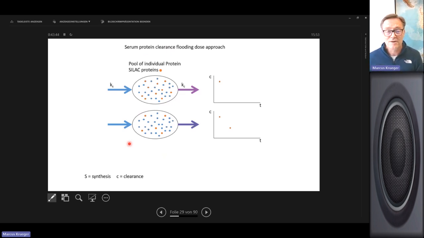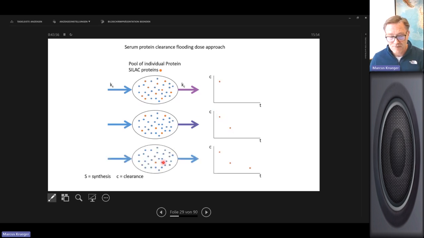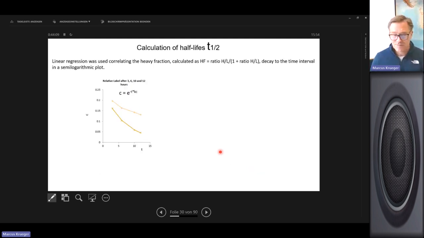So what we then see is that we have a pool, a spike in bolus of these orange peaks here, and then over time we see one concentration, and then we measure a decay. This clearance looks like a radioactive decay, right? So this is basically the exponential decay of those proteins which are spiked into the blood, and that's what we measure here.